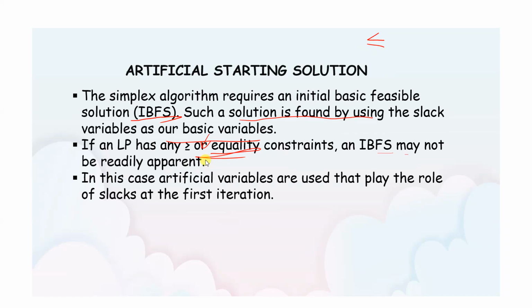So this is how we can force Simplex algorithm to find a feasible starting point even when it does not exist naturally. So this can be done by introducing artificial variables which play the role of slack variables and allow Simplex method to begin the process. And as we go through the iterations, we work towards eliminating these variables while driving the solution towards optimality.